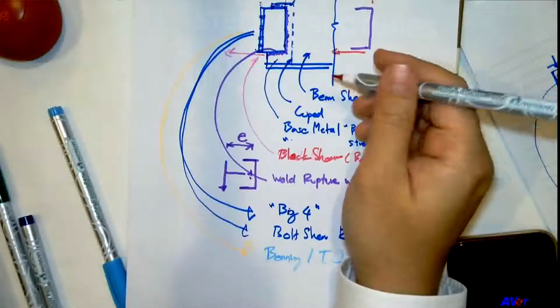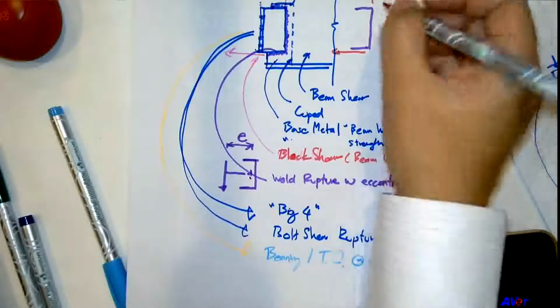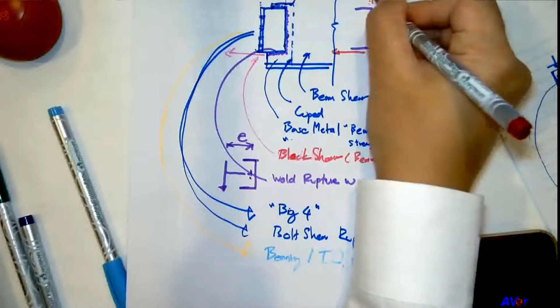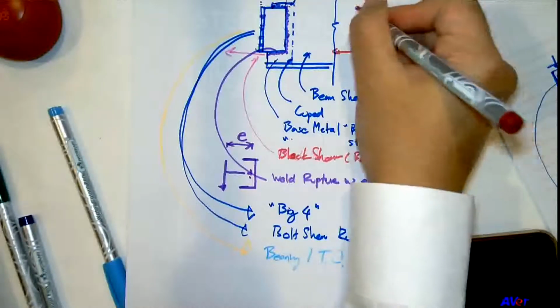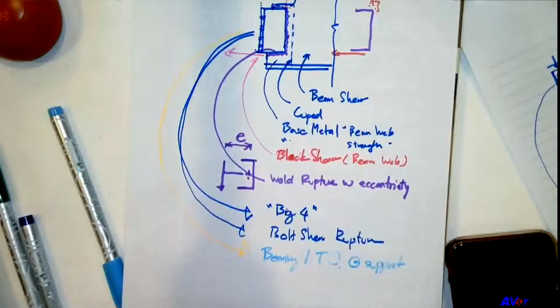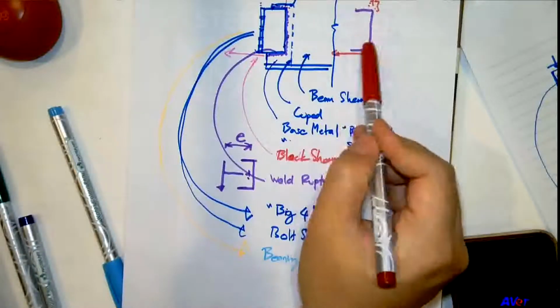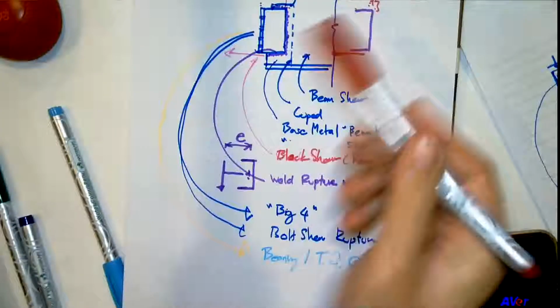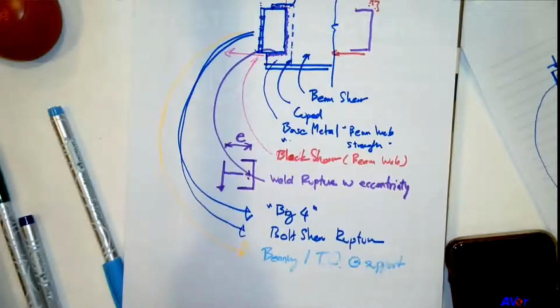It's going to be close. Maybe it depends on the length here. Maybe the block shear is less because this length is shorter than that, right? So the block shear itself may occur before the failure of the base metal. Shorter. And the beam web is not very thick in general. So it can fail like that even before the failure of the base metal underneath here because you generally have a longer length, right? It's a good question.